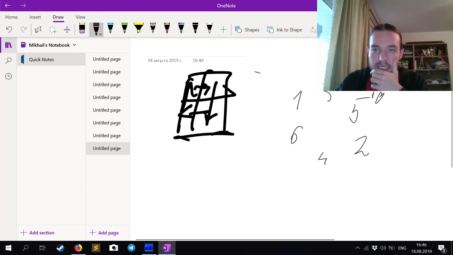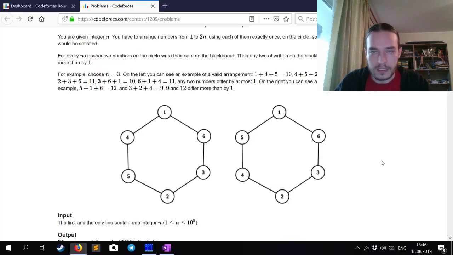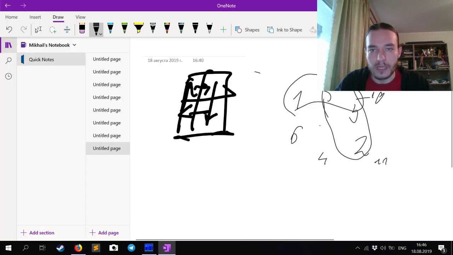Yes, because as we go from, for example, these and numbers to these and numbers, the only number that changes is this pair. But here we have 11, and that's a problem, right? Because any of the numbers should differ by at most one.